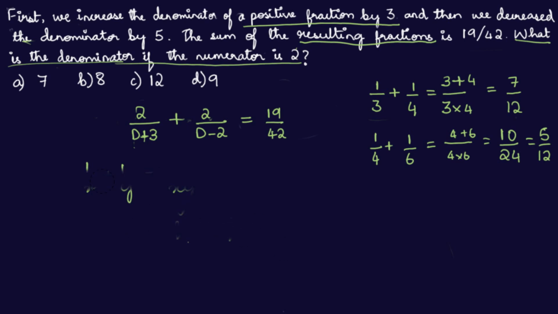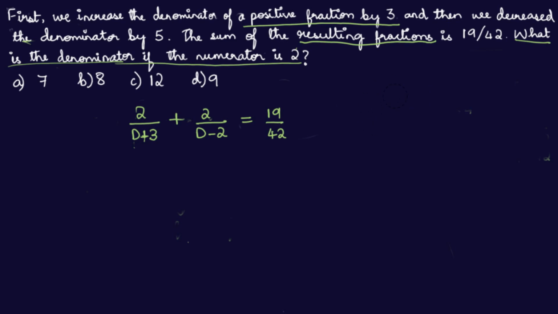With that in mind, let us check what the new denominators will be for each of these values. Let's remember the cycle first. We have a denominator first, we increase by 3, d plus 3, and then we decrease the new thing by 5, which means we need to get to d minus 2. Now I have 4 options for the denominator: 7, 8, 12 and 9. Let's check very quickly.